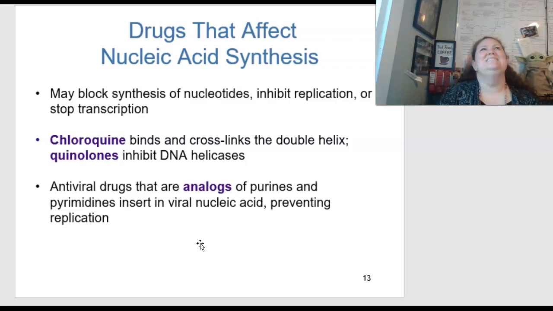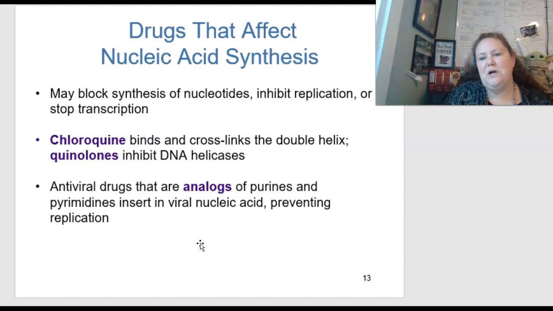Chloroquine, which is really interesting because right now we're in the middle of COVID, and I believe hydroxychloroquine was one of the drugs, and I believe it's in the same family, right? Anyway, chloroquine is going to bind and cross-link the double helix. And then quinolones inhibit DNA helicases. And remember, the helicases are the ones that unzip the genes, and it makes that double strand into 2 single strands so that those promoters can get in there and start making copies.